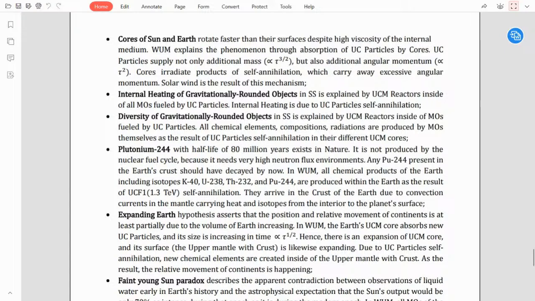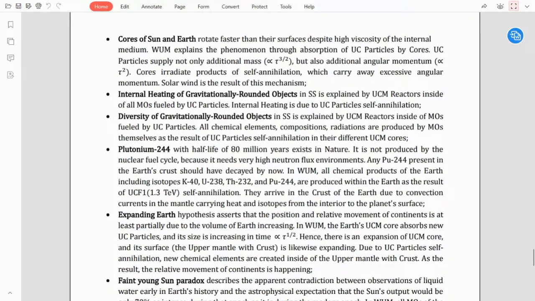Diversity of gravitationally rounded objects in the solar system is explained by UCM reactors inside of macro objects fueled by UC particles. All chemical elements, compositions, radiations are produced by macro objects themselves as the result of UC particle self-annihilation in their different UCM cores.